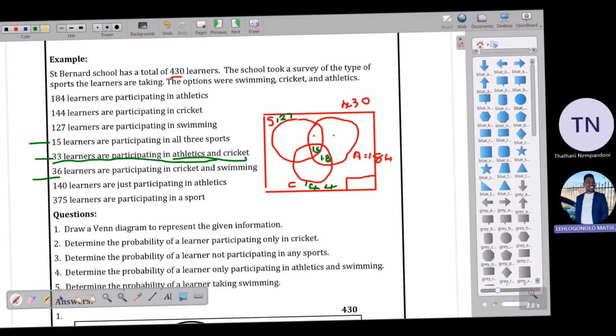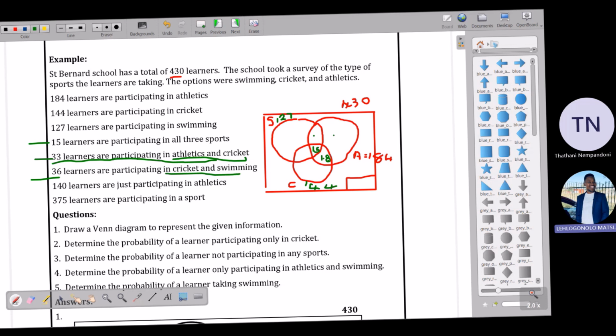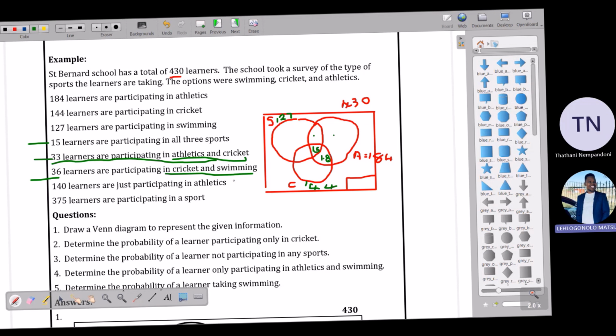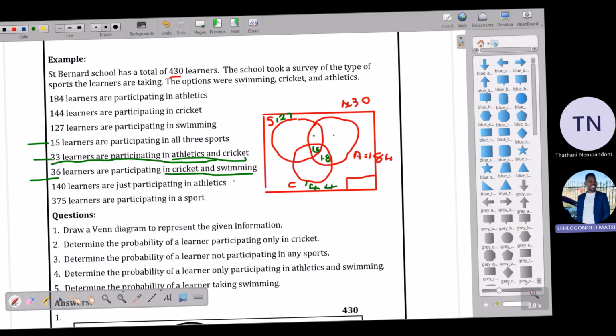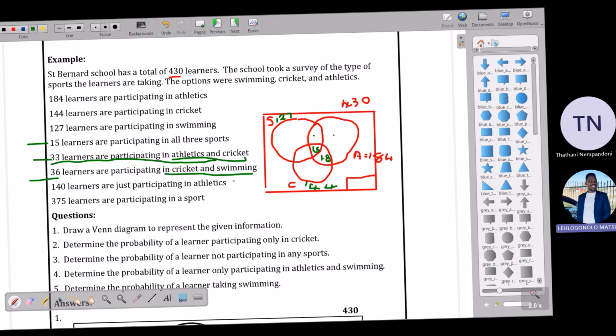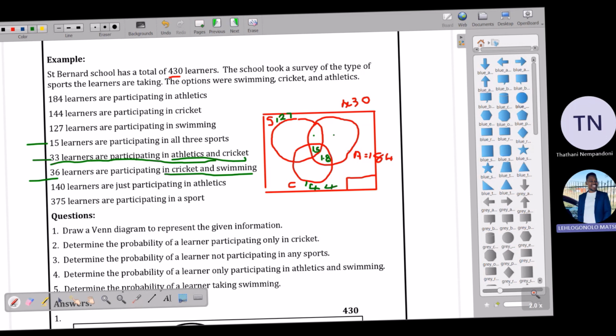The next stage, they say 36 learners are participating in cricket and swimming. So now the keyword we are looking for is only, and there is no only in our statement when we check. So if there is no only in our statement, it means that we must find out what we have so far, they are 15. 15 still fall within cricket and also still fall within swimming.